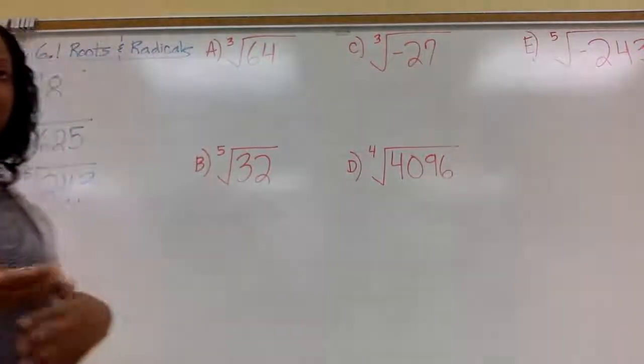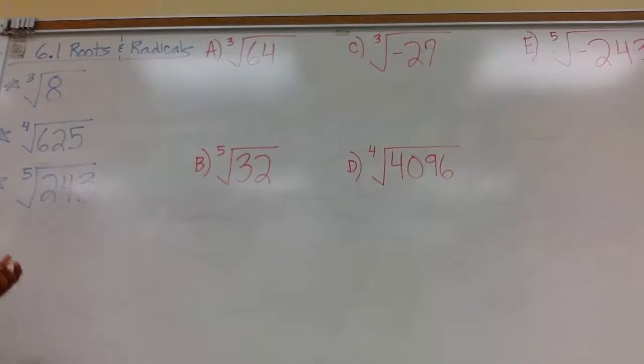Today we're going to be changing the index and taking a look at some different things. So this one here, I have a 3 as my index and 8 is the number on the outside. So this is the cube root of 8. We are looking for the cube root of 8. That means what number times itself 3 times is going to give me 8.